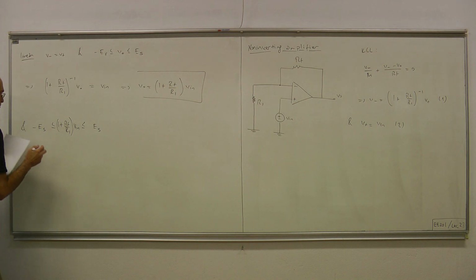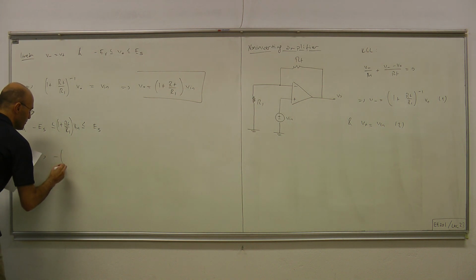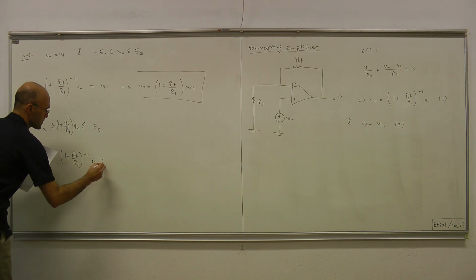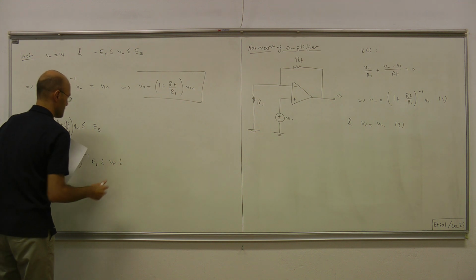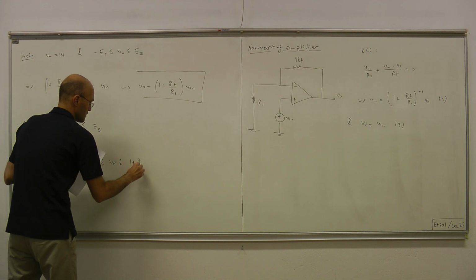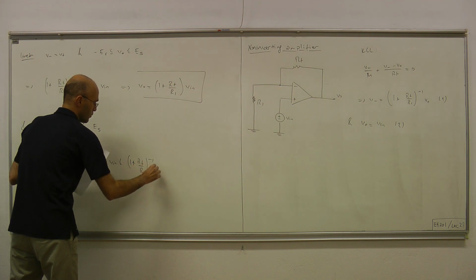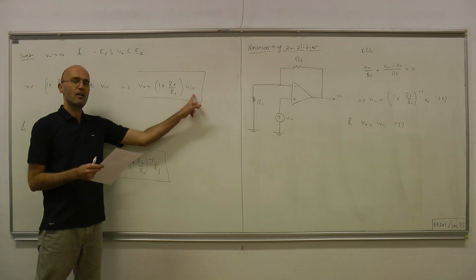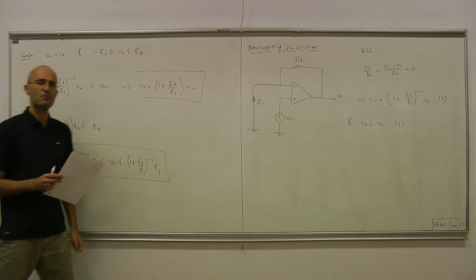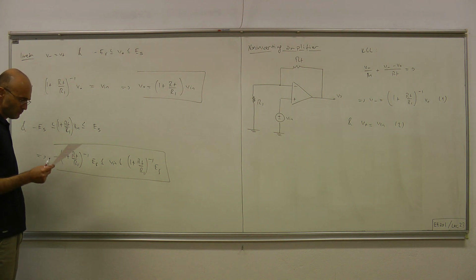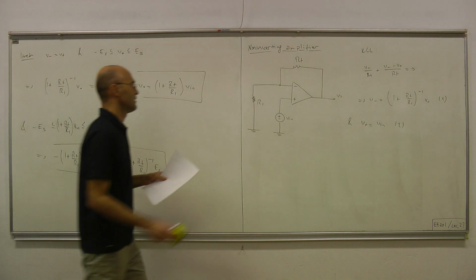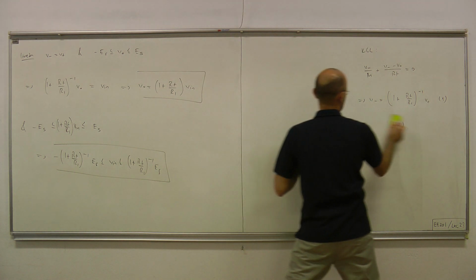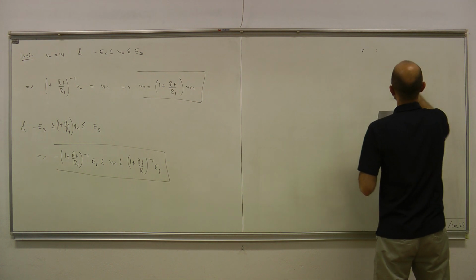And then we have what we want: minus (1 plus RF over R1) inverse ES less than or equal to V in, and that's less than or equal to (1 plus RF over R1) inverse ES. So this is the condition which guarantees that the relation between output and input voltages is that linear equation. Let's quickly perform the positive saturation and negative saturation region analysis, and we'll be done.